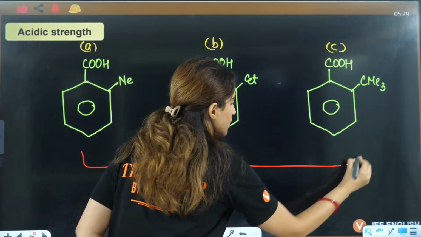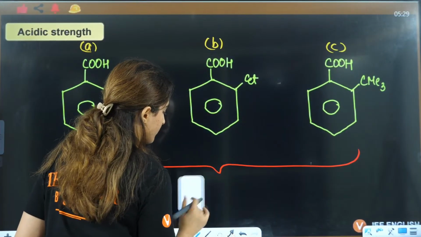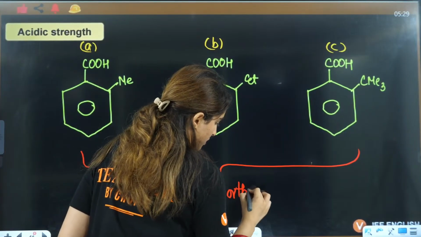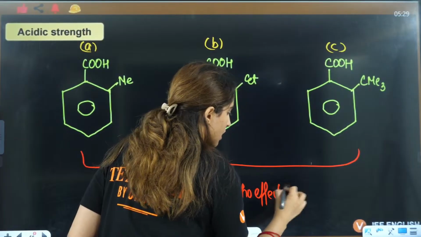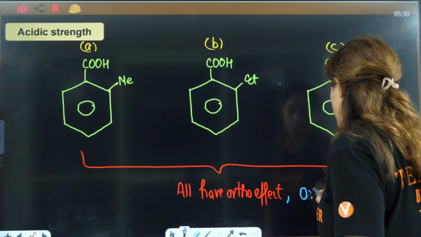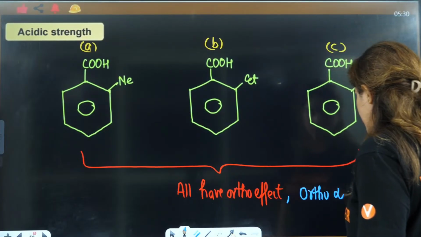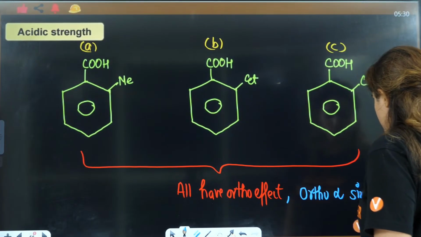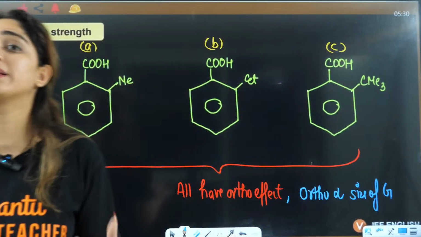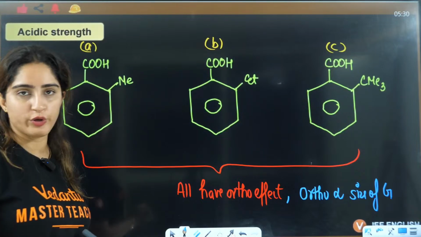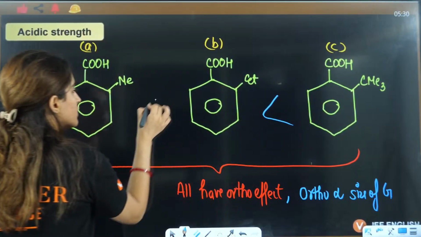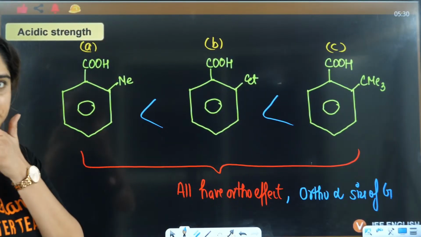All have ortho effect, but ortho effect is directly proportional to the size of group G. More the size, more will be the repulsions, more will be the ortho effect. So that is the reason here size is maximum, so answer will be this, right?